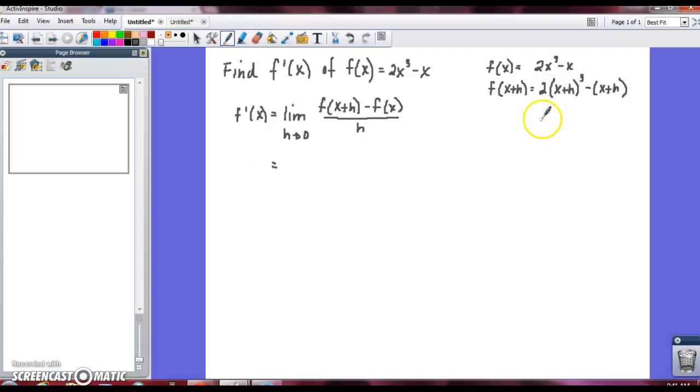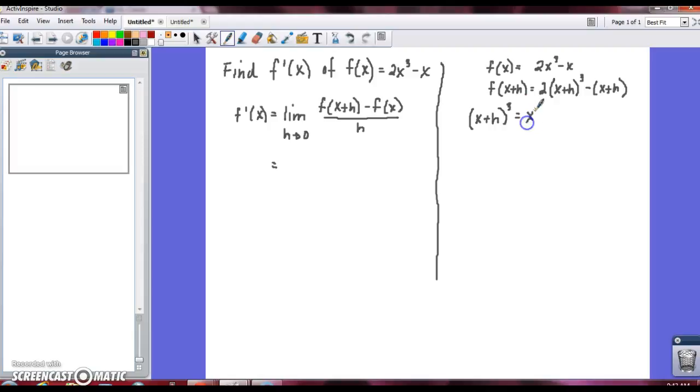Now, here's something that you should be familiar with, and if you're not, I would probably go back and look it over. If you're not sure, I can go over it with you at any point. But when you are cubing a binomial, I'm just going to write this over here. When you cube a binomial, you can use Pascal's triangle to get the coefficients.